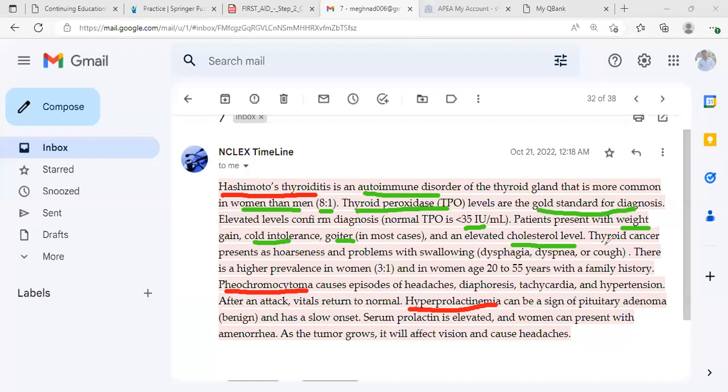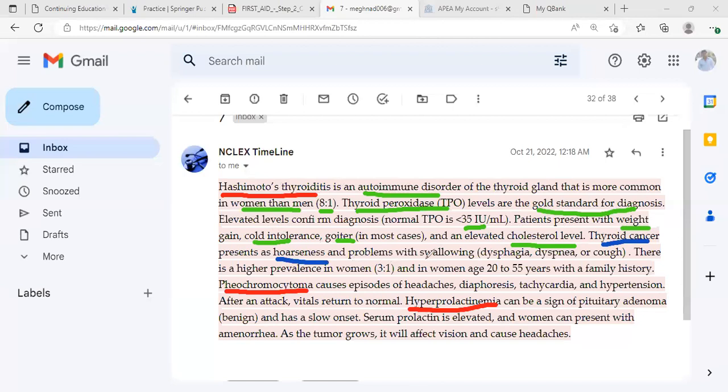Another disease condition called thyroid cancer. How do you differentiate thyroid cancer from Hashimoto thyroiditis? A thyroid cancer patient presents with hoarseness of voice. So if a patient has a thyroid problem, also hoarseness of the voice, it highly indicates cancer.